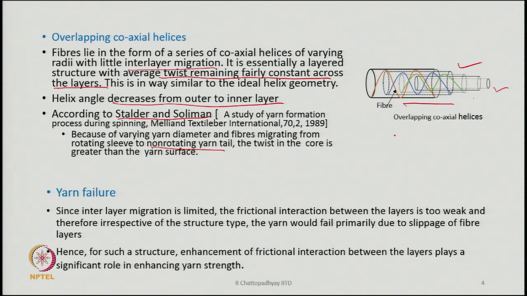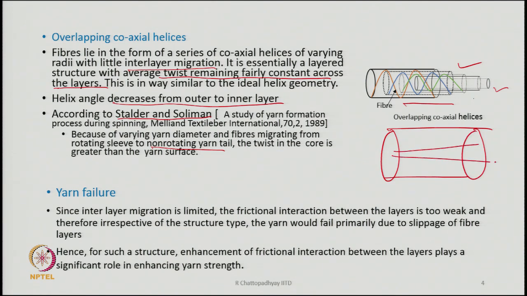See, if this is the sleeve, the tail exists like this. And fibers from the inner wall of the sleeve are passing over it.